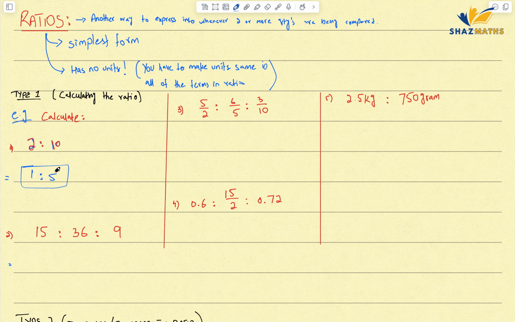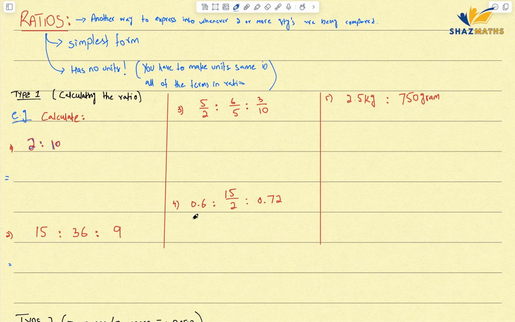Now let's do question number 6 over here. Whenever 3 or 4 or as many ratios as you can think of, whenever more than 2 ratios are involved, and I can see over here decimal and fraction are involved as well, our approach should always be to convert everything into the fraction form, take the LCM of the denominator so that the denominator is the same, and then we will cancel out the denominators.